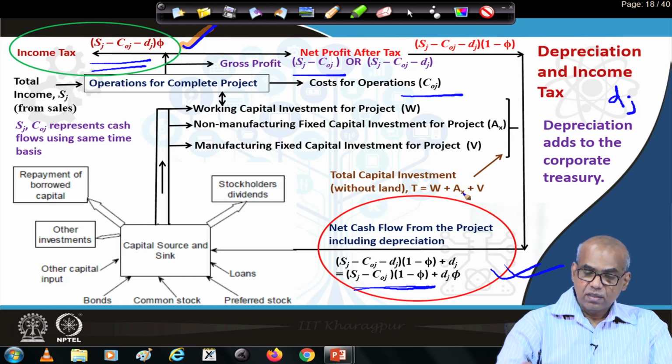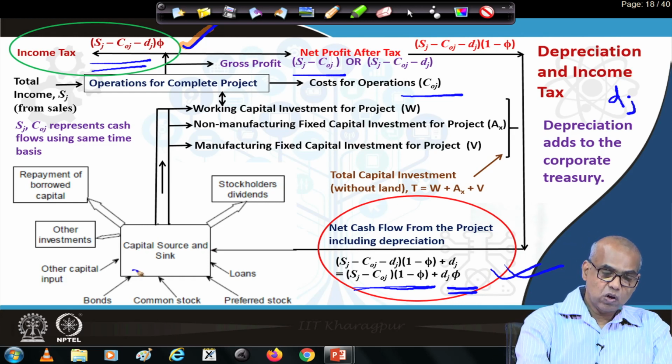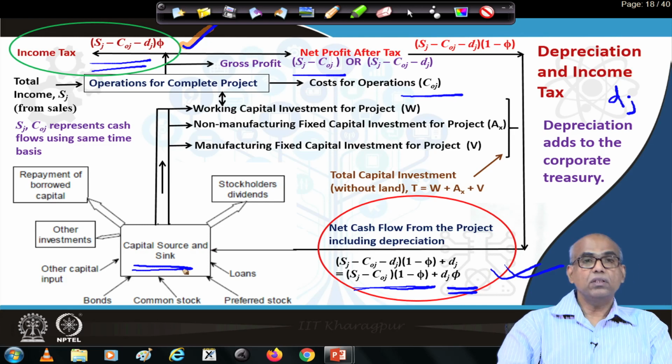But because of depreciation you add a positive quantity dj into phi. So, this recovery of depreciation adds to your net cash flow from the project and goes to the corporate treasury or the capital source.